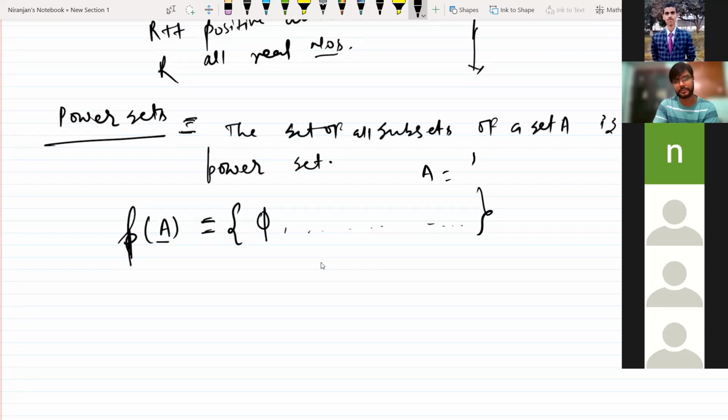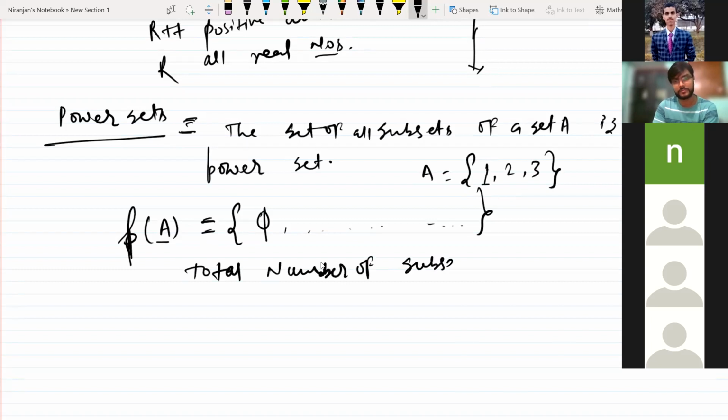So let's take an example: 1, 2, and 3. How many subsets do you think this set would have? First, tell me this: the total number of subsets of a set A would be 2 to the power cardinality of A. What is the cardinality of A?